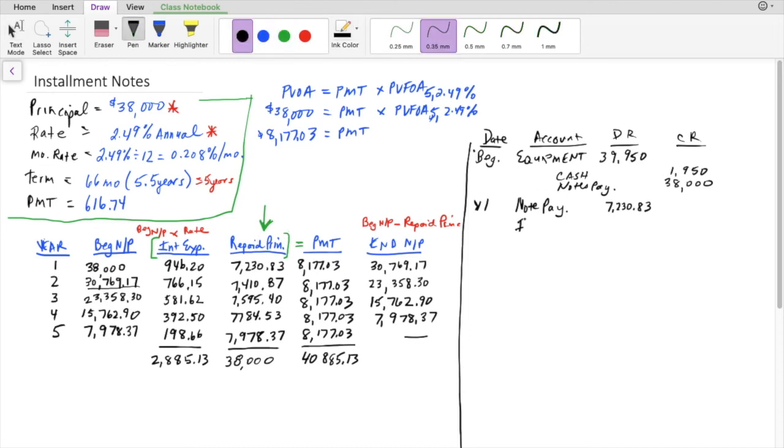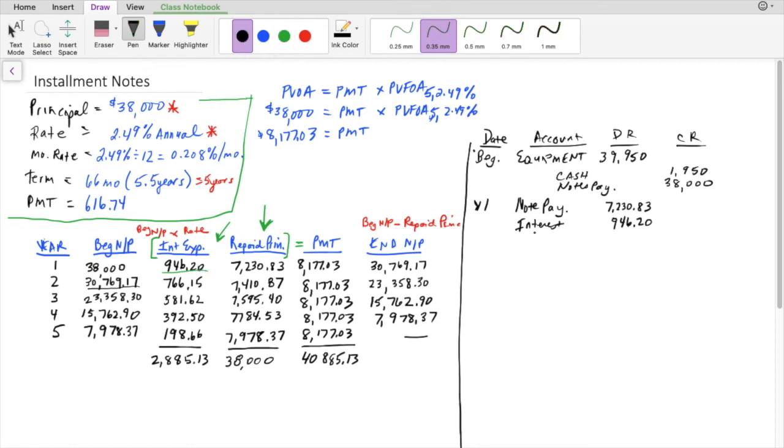Part of that payment was interest. How much was interest? Well, $946.20. Where do I get that from? Well, I take that from my interest expense column, $946.20.